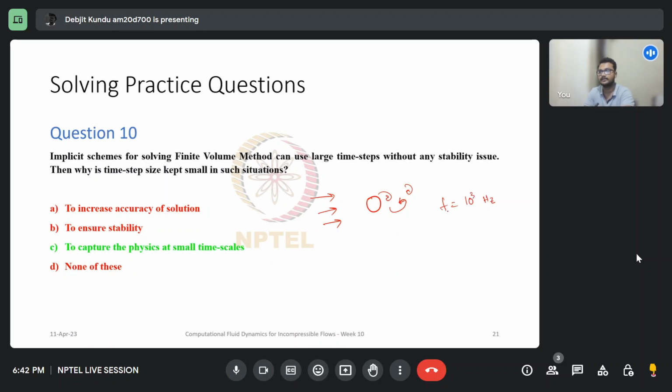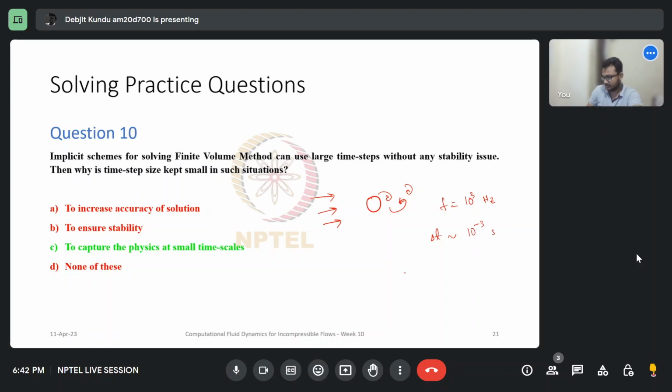So the time difference between two vortices being shed is of the order of 10 to the power minus 3 seconds, which is milliseconds.